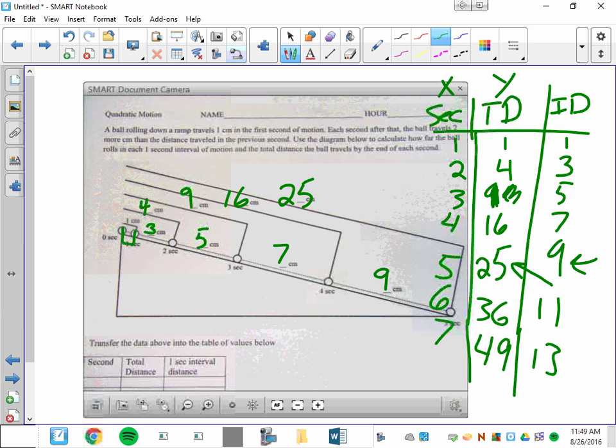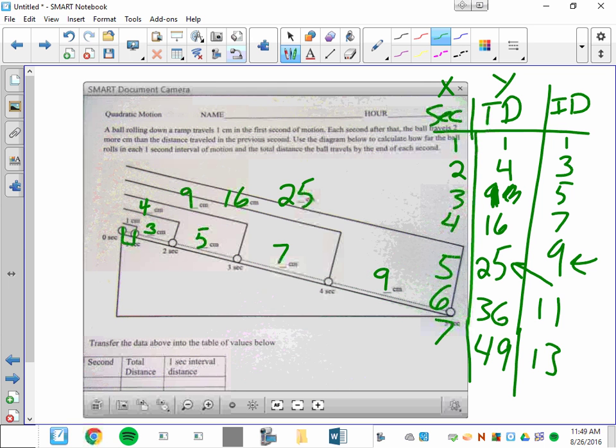Okay? Do you see any patterns in the total distance column? Are those numbers significant at all? And what do we call timesing by yourself? Squaring. That total distance column is just the square of the seconds.